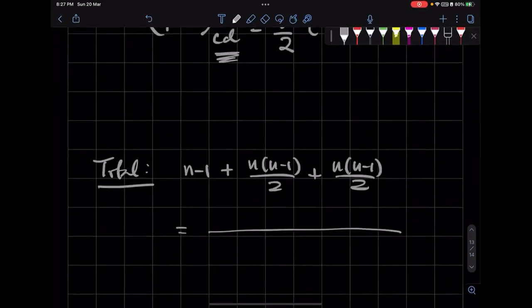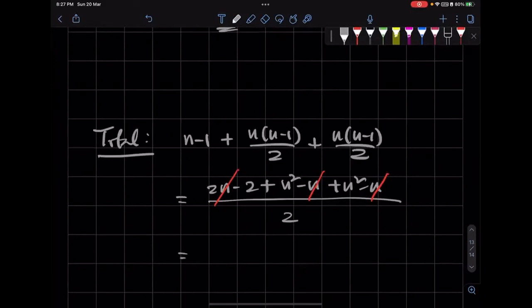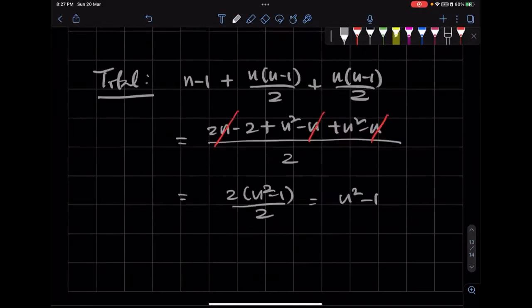And if I add everything up, I have 2n minus 2 plus n squared minus n plus n squared minus n. So we have 2n squared minus 1 by 2, n squared minus 1. So the dimension, say, of SU2, according to this formula, is 3. So that means it matches our expectation.